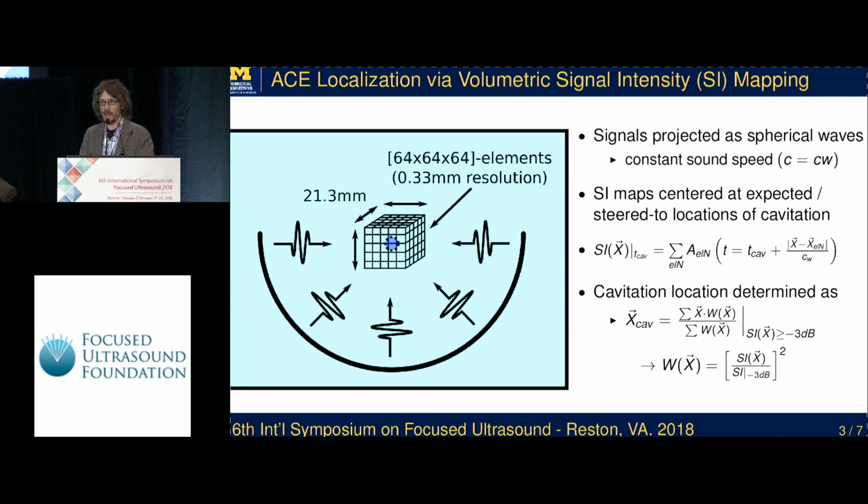The volume that we were mapping was 21 millimeters wide, composed of 64 by 64 by 64 voxels. To generate the signal intensity map, we just sum up the amplitude of the signals that we measured at each element within that volume, and then to localize the bubble, it was an intensity weighted map of the volume above the 3 dB level.